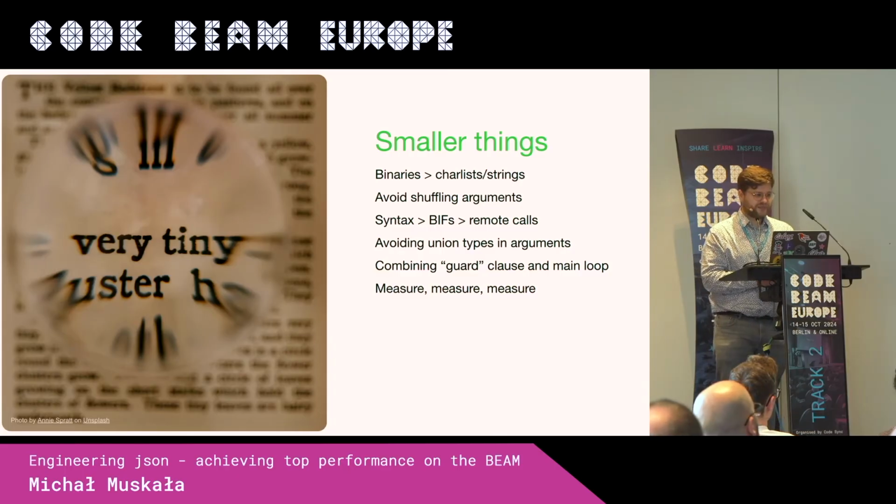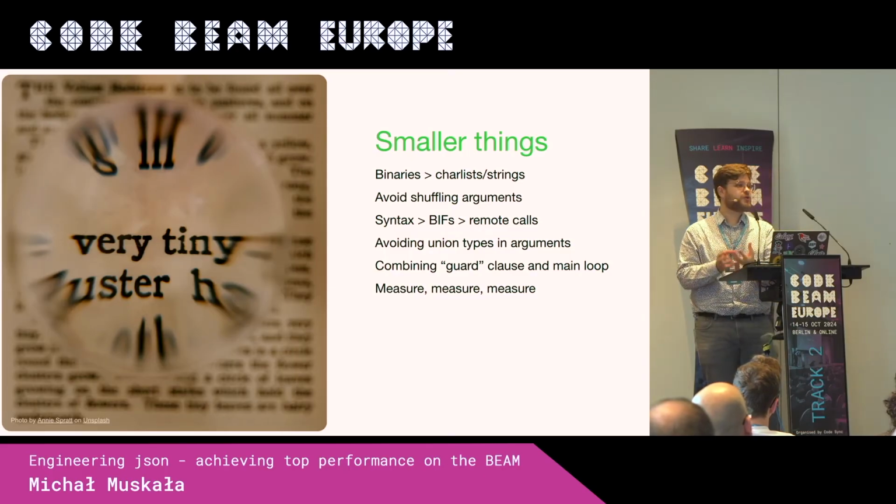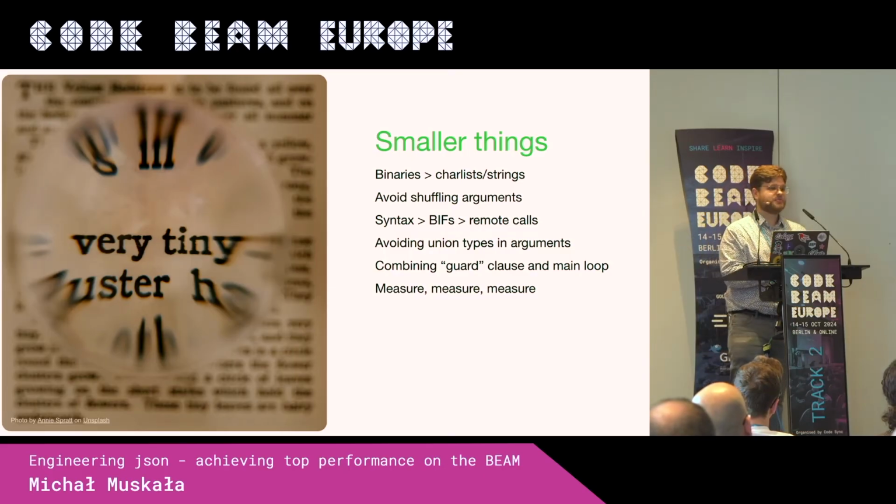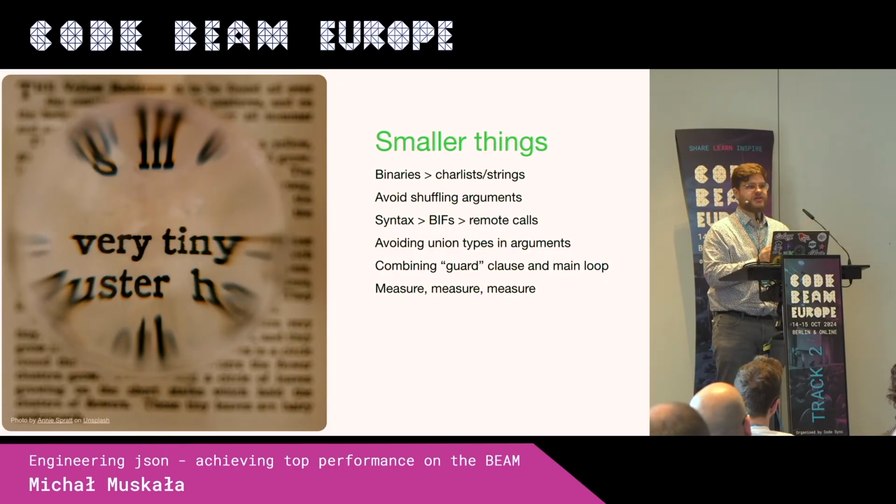And then there are some other things, like, in general, prefer syntax to BIFs to remote calls, right? So one example would be pattern matching with the map syntax rather than using the maps get call. Though I think in a recent release, the compiler actually optimizes both the same way.